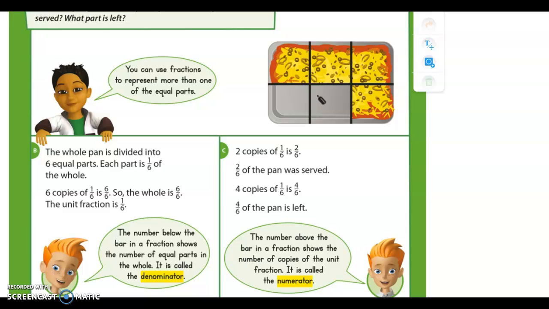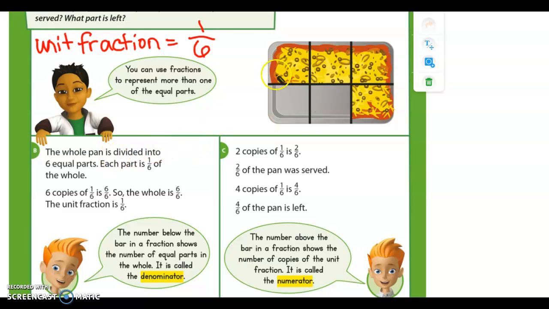A unit fraction, remember, tells me one of the parts, what it would equal. So what would our unit fraction be for this? 1 of the pieces. That's right. It would be 1 out of the 6, or 1/6.